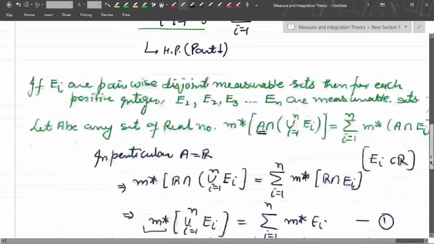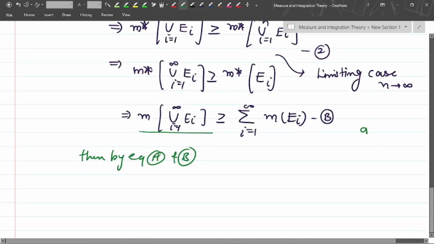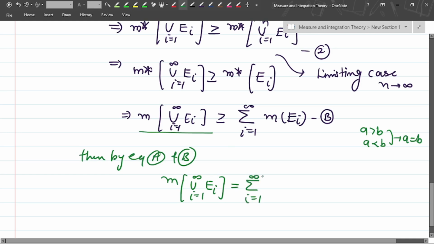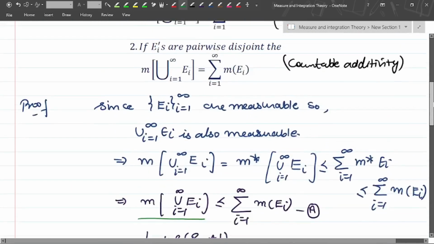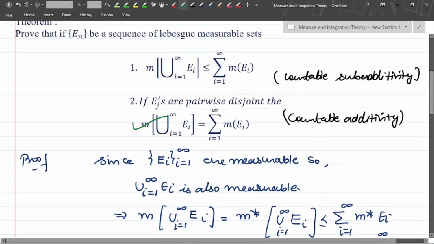It means these both are A is greater than B and A is less than B. It indicates that A is equal to B. So it is nothing but m of the union i = 1 to infinity of Ei equals the summation i = 1 to infinity of m of Ei. This is the property that we desired to prove. This is called the countable additivity and this is called the countable subadditivity.